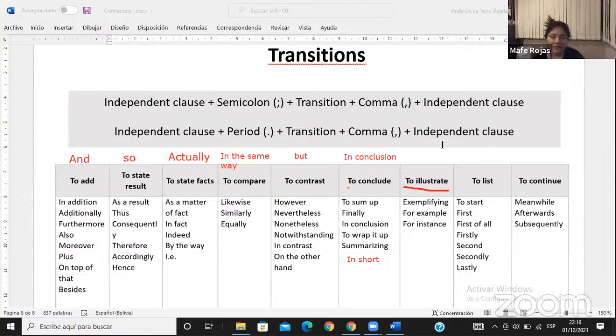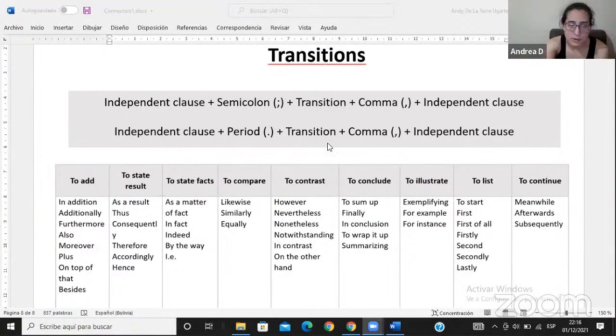And indeed. Okay, indeed it's an interesting one. It could mean different things. Here it's just a synonym of in fact. In fact, indeed are the same when you're using transitions. But you can also use it when you agree with something.